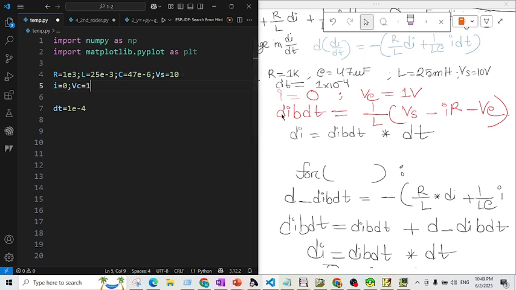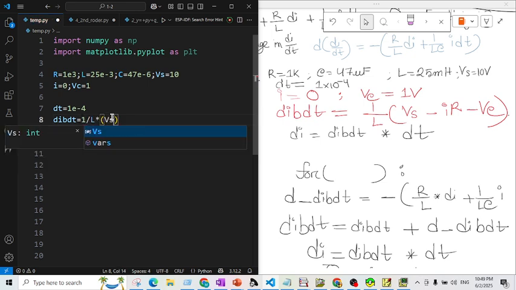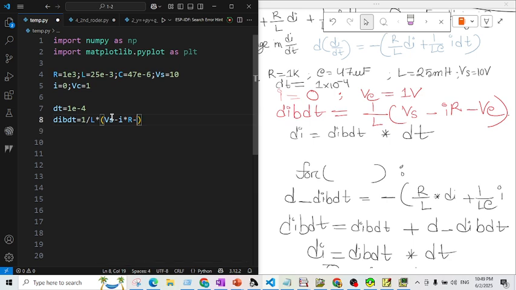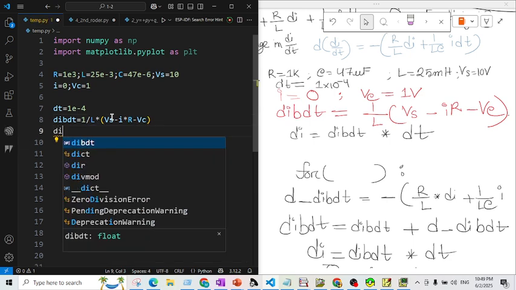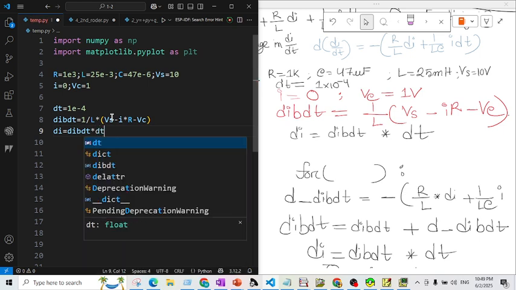Okay, now I need to make di by dt. So di by dt is equal to 1 by L into Vs minus I into R minus Vc. So di is equal to di by dt into dt.